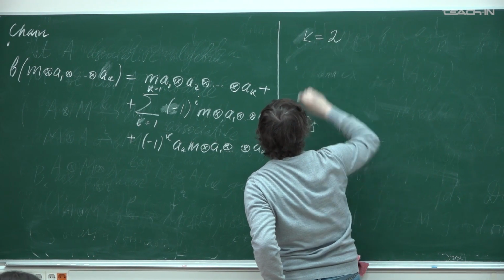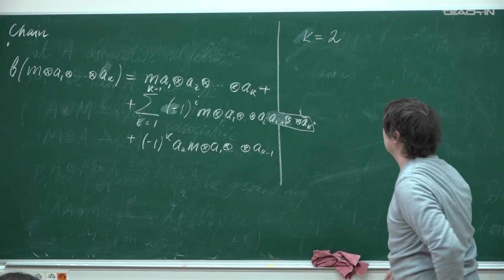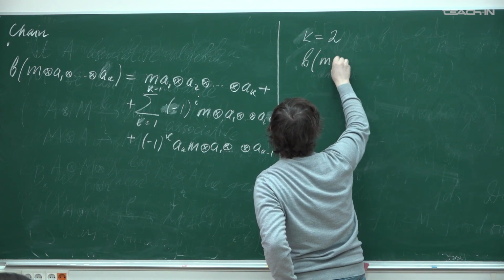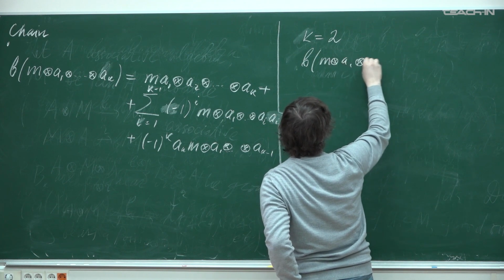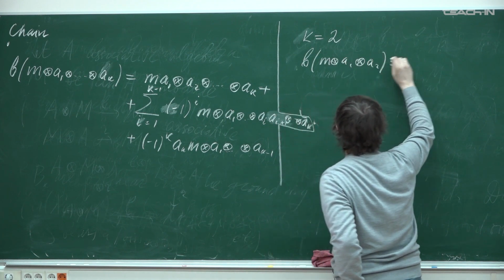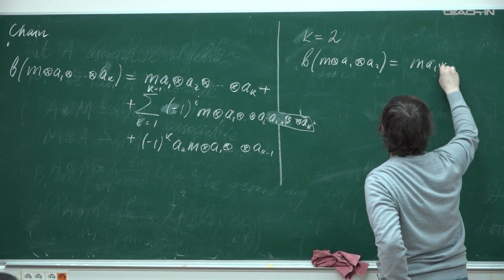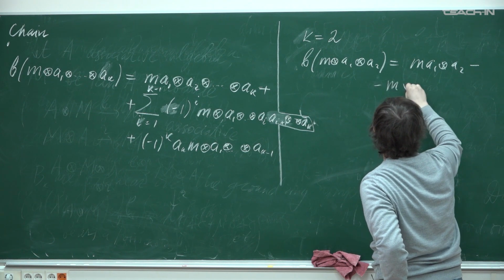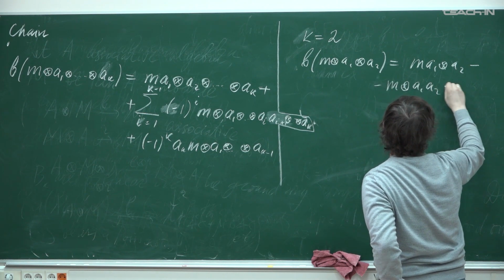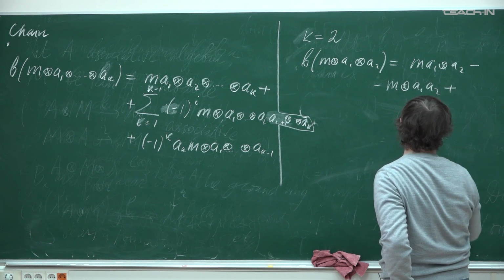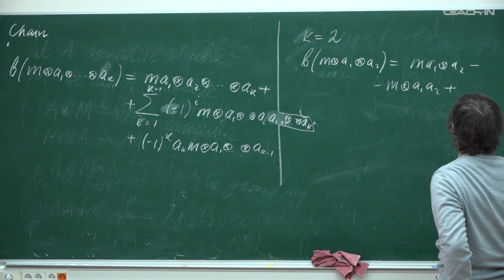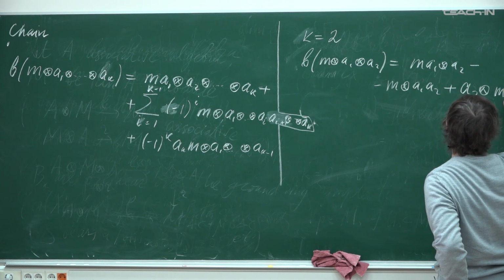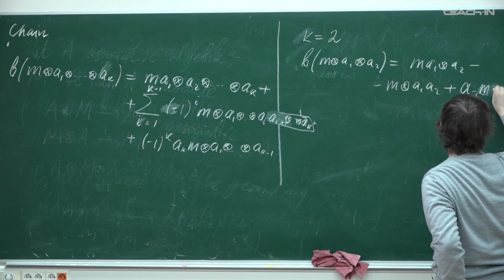I think 2 is enough for us. First, we take b of m tensor a1, a2, and this is equal precisely to m a1 tensor a2 minus m tensor a1 a2 plus a2 m tensor a1.